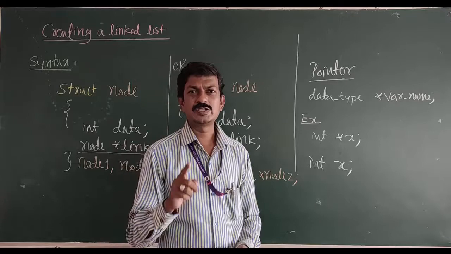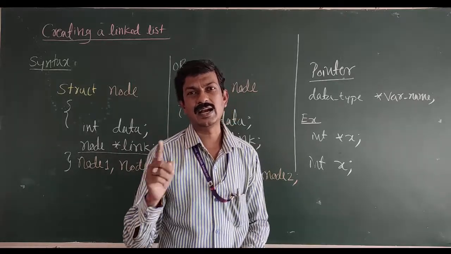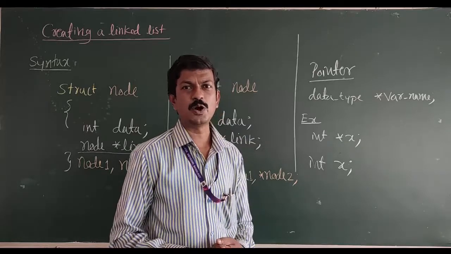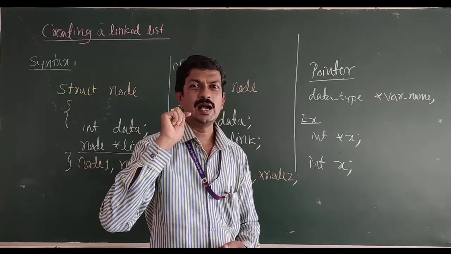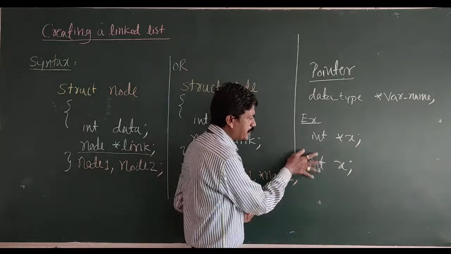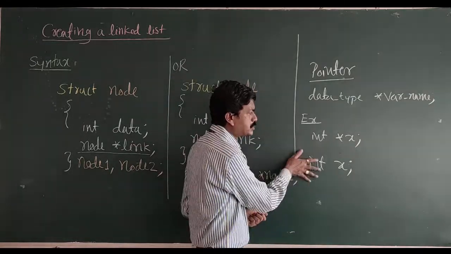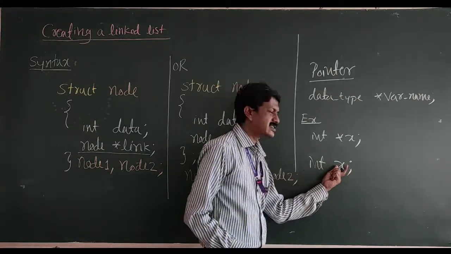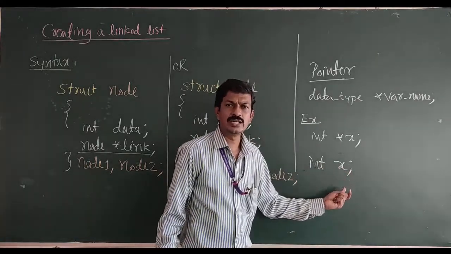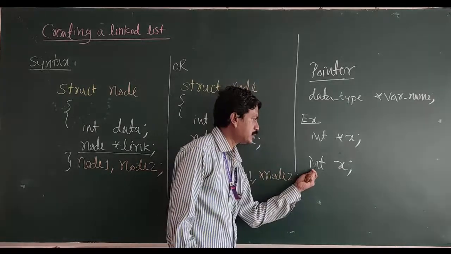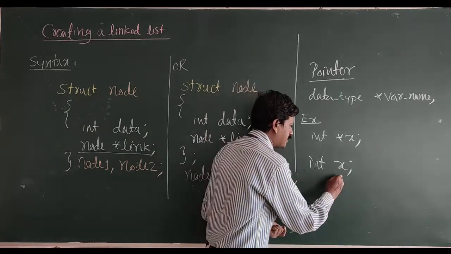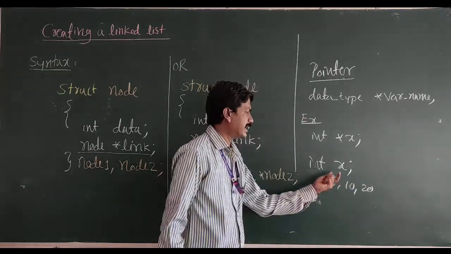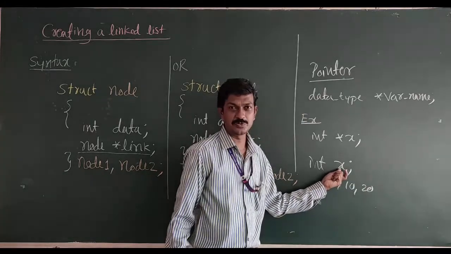A pointer is able to store the address of another variable. A pointer is also a variable, but one specially meant to store the memory address of another variable. If I declare int x, x is a variable that is able to hold any integer value, that may be 5, 10, 20 or any integer.